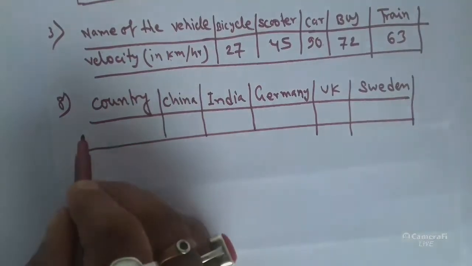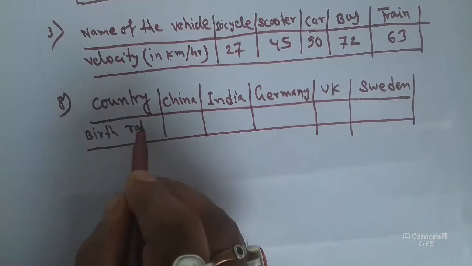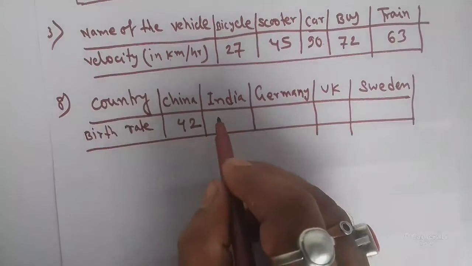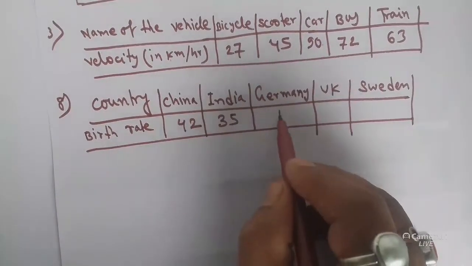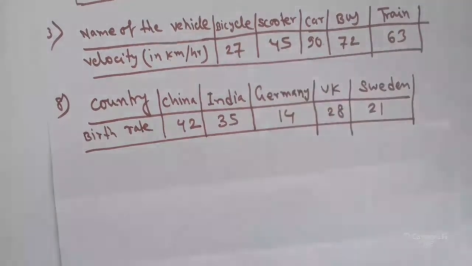And birth rate per thousand. China is 42, India 35, Germany 14, UK 28 and Sweden 21.